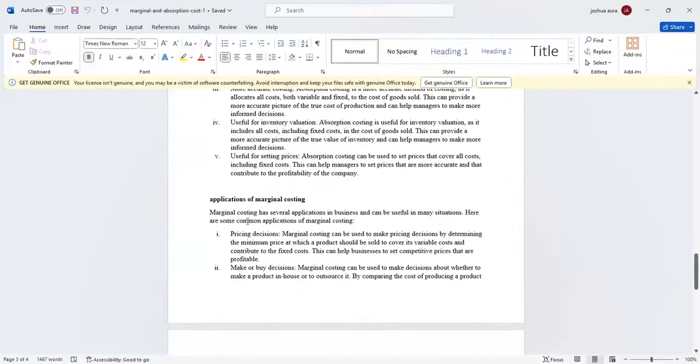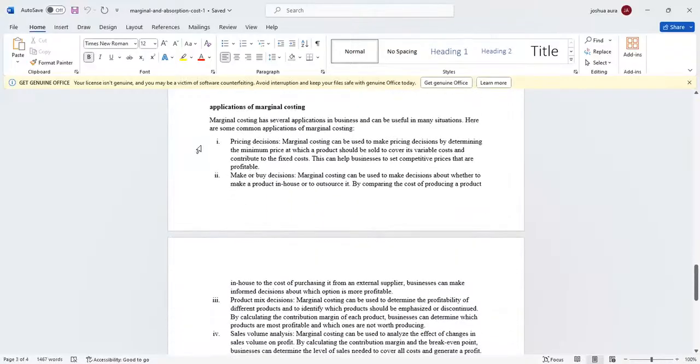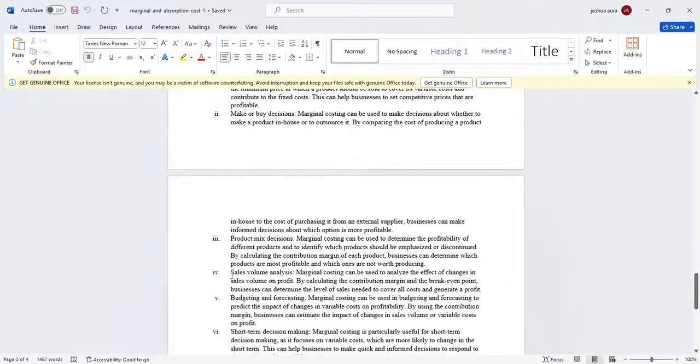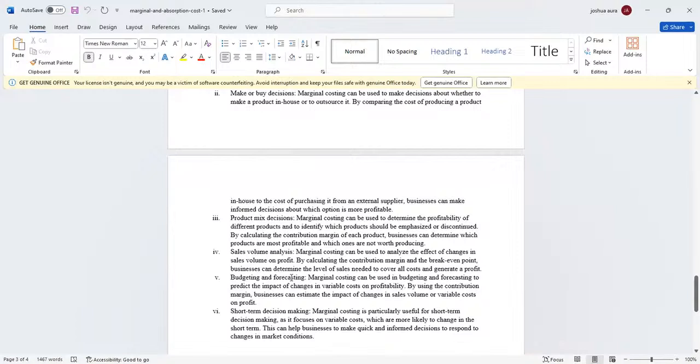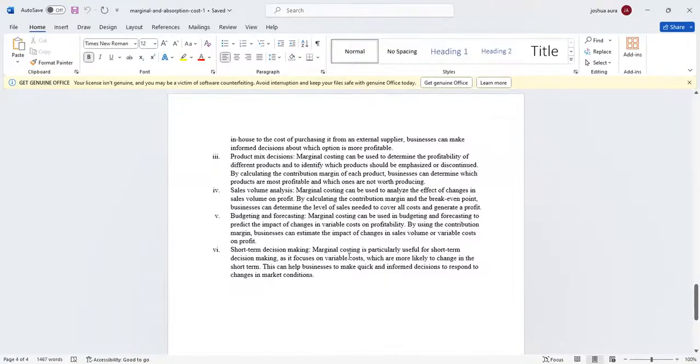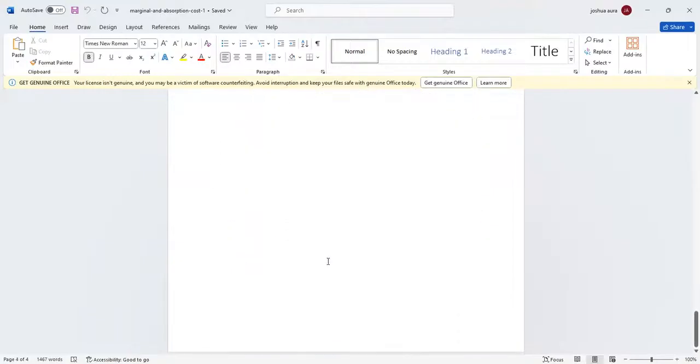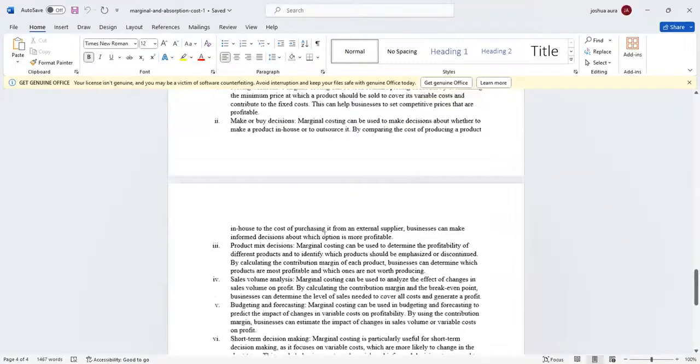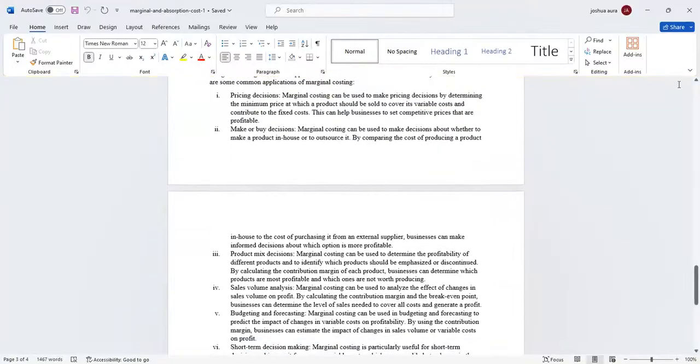Application of marginal costing: 1, pricing decisions; make or buy decisions; production mix decision, that is topic number 8. Then sales volume analysis, that is break-even point, still number 8. Budgeting and forecasting, short-term decision making, that is for marginal, which we've been able to explain.